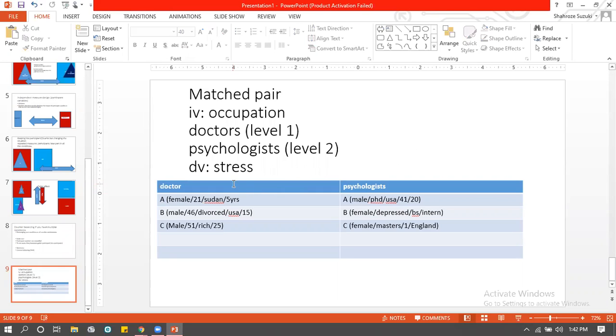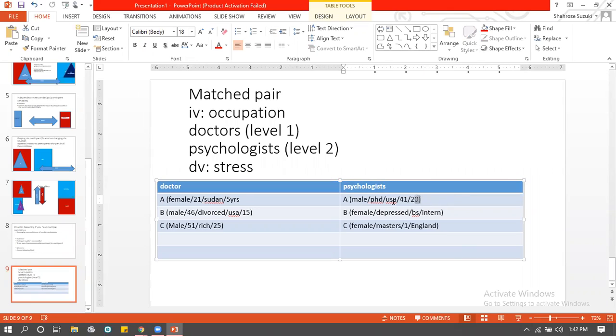The difference that you need between them is their professions, right? You don't need any other difference to be there. So in matched pair design, we match participant A with participant A of the other group. The only difference I need between them is doctor and psychologist. Other than that, I should keep everyone the same.